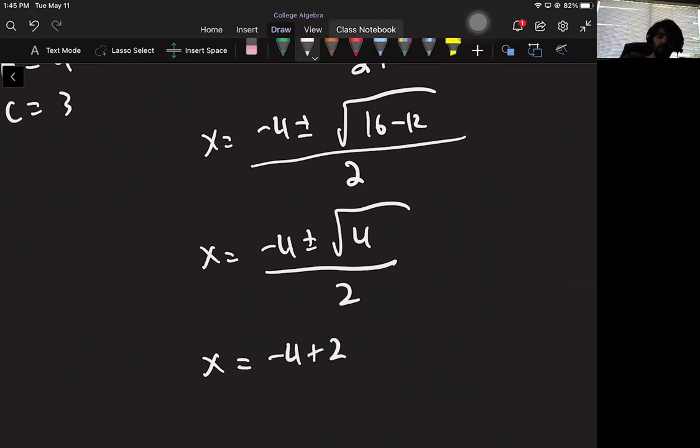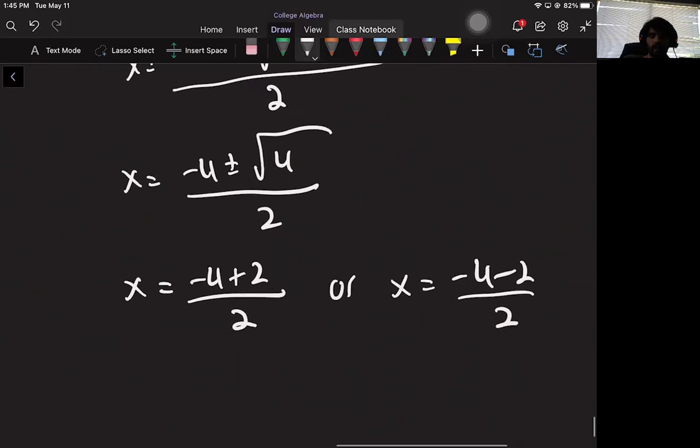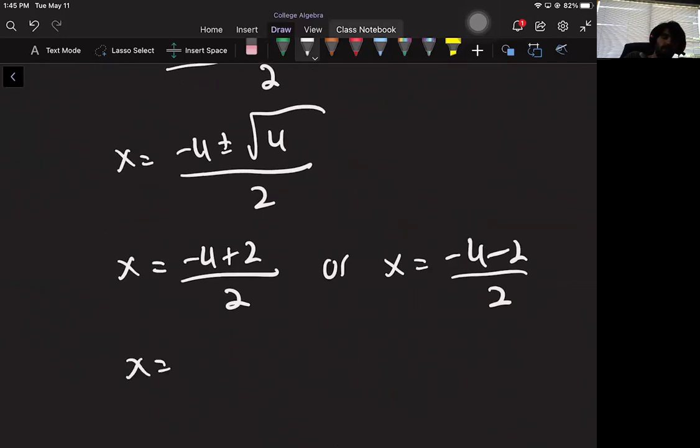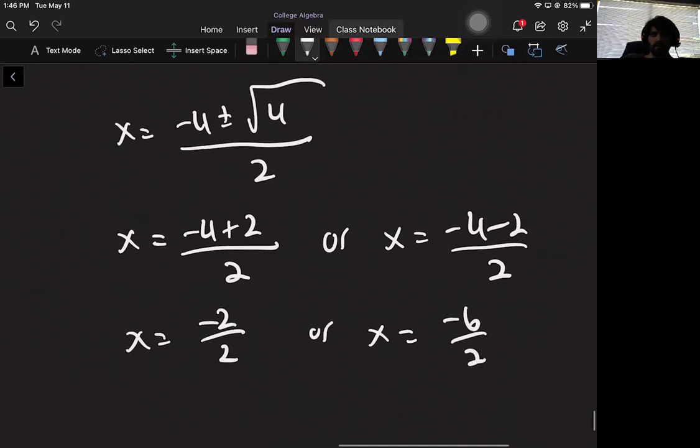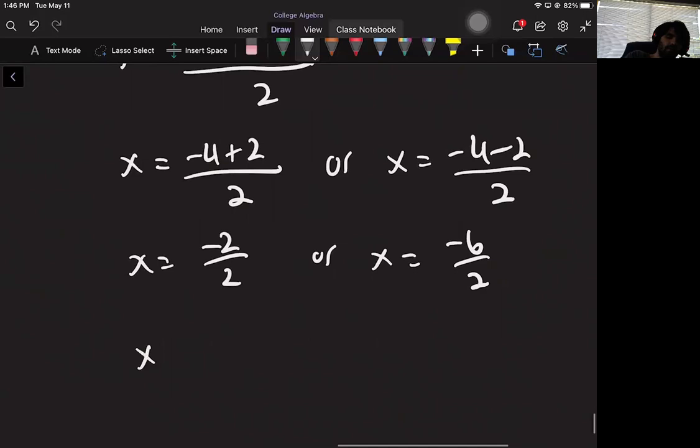You can write one answer with the 2 and one answer with the -2. And then you get -4 plus 2, that is -2 over 2, and you get -4 minus 2, which is -6 over 2. Now, very often you'll just be stuck with fractions that don't simplify, but these two do. So why not simplify? You get -1 there, and you get -3 here.